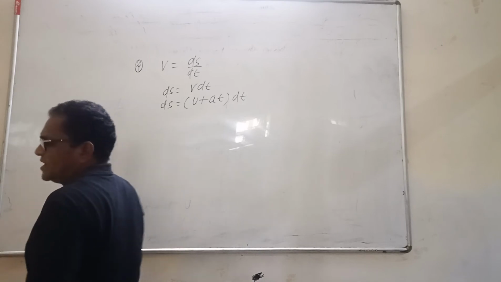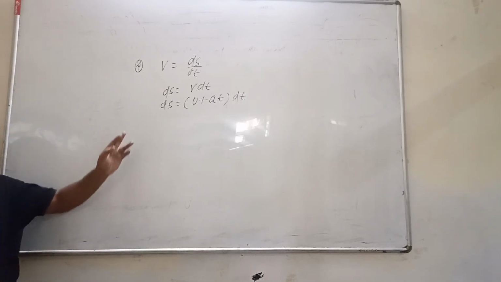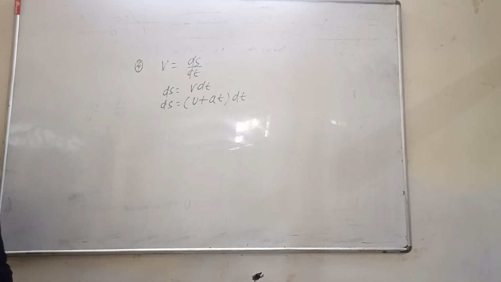We have used the formula v equals ds by dt, ds equals v dt. In place of v I have used the first equation, v equals u plus at.